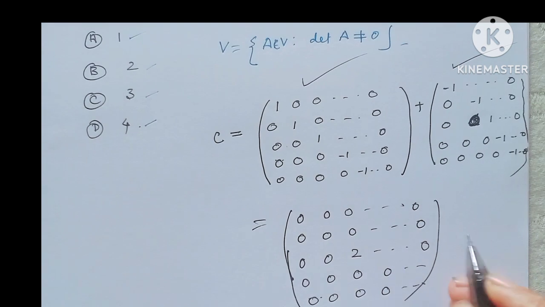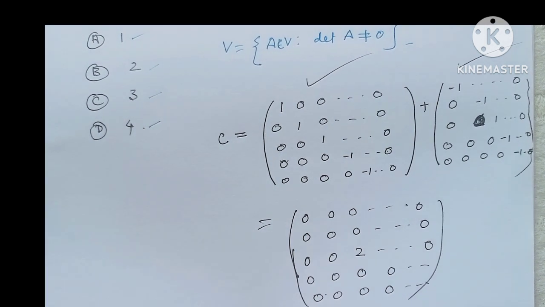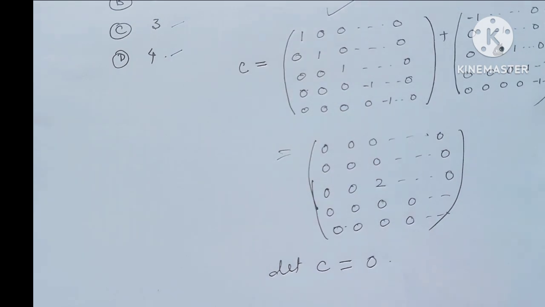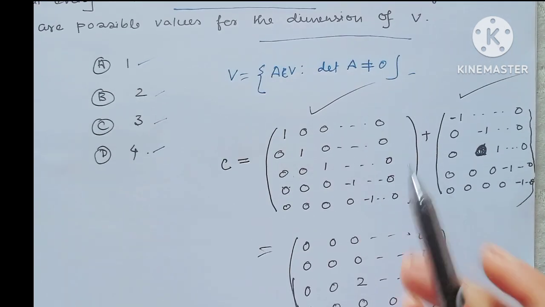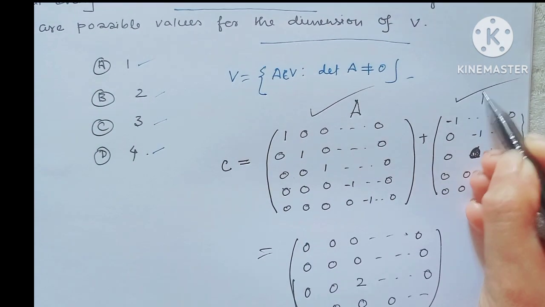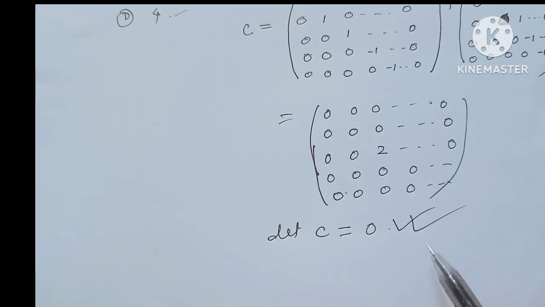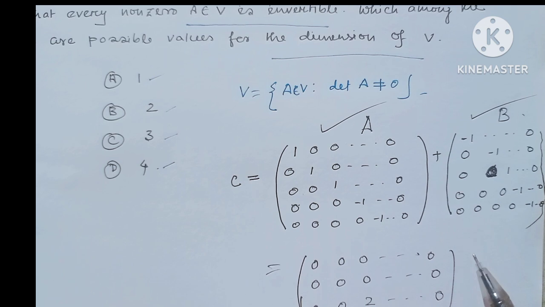And notice here det of C is equal to 0. So if you consider this type of invertible matrix, then their sum does not belong to this subspace.